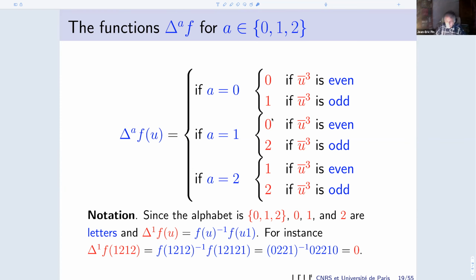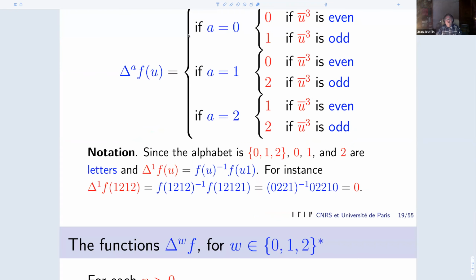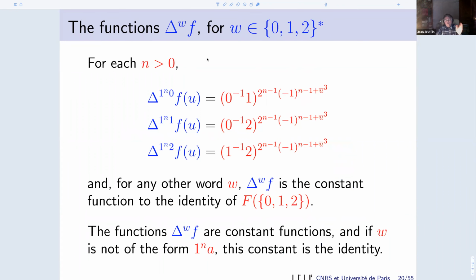Okay, so let's keep doing this for delta W. I will not detail this computation now, but the result is that delta W of f is also a constant function, always. And this constant function is the identity, except when W is a word of this form, 1 to the n followed by some letter A. This n can be 0, actually, this is also true for n equals 0.